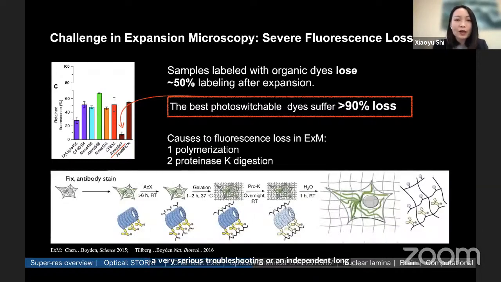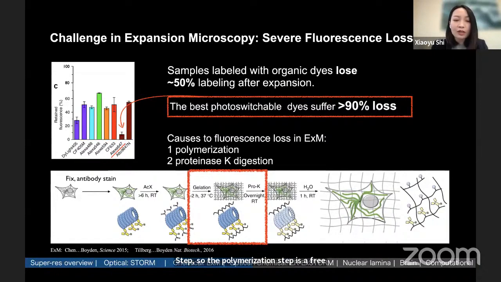So to conquer this problem, we need to figure out what's the causes to the fluorescence loss in expansion microscopy. Basically, 2 steps in the procedure cause the major fluorescence label loss. The first one is a polymerization step. So the polymerization step is a free radical chain reaction step.